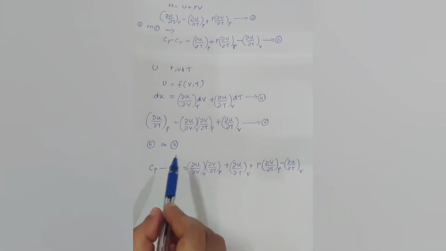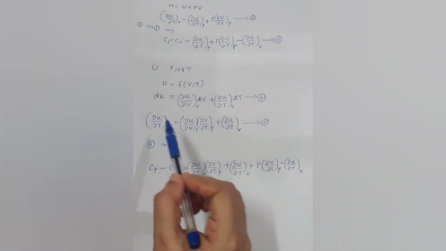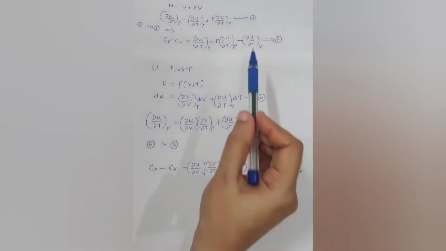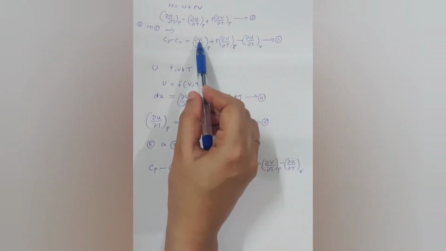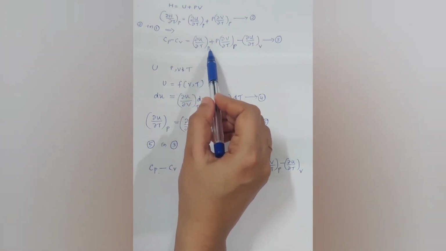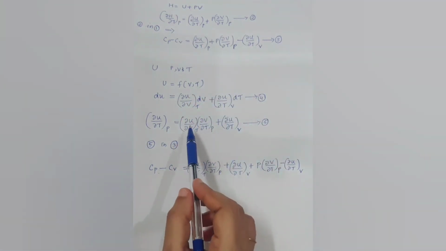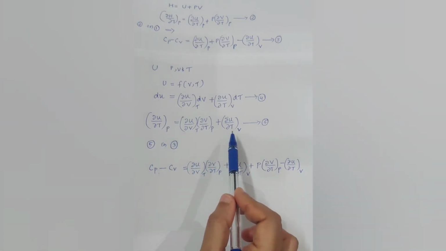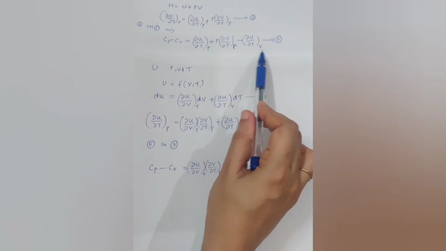That is, we are substituting equation 5, that is ∂U/∂T at constant P, in equation 3. ∂H/∂T at constant P is equal to, the first term is this one, and we are writing this term finally.